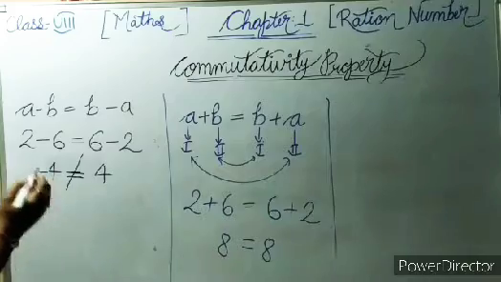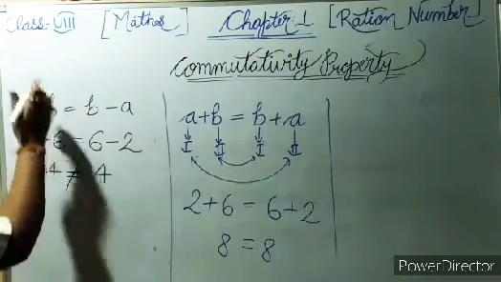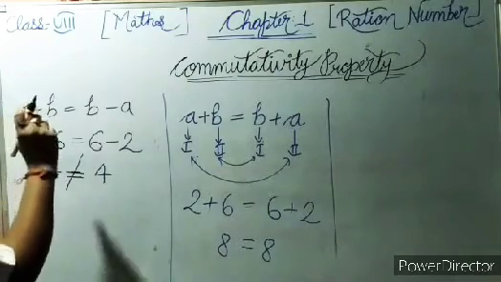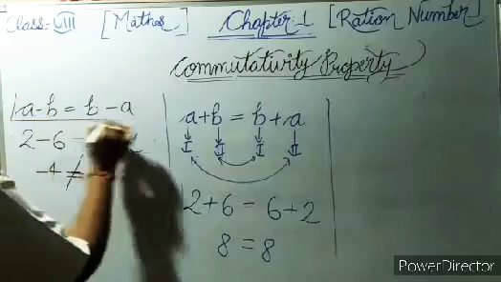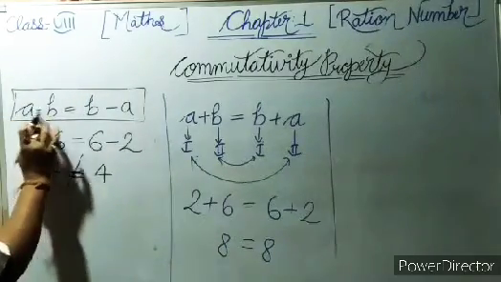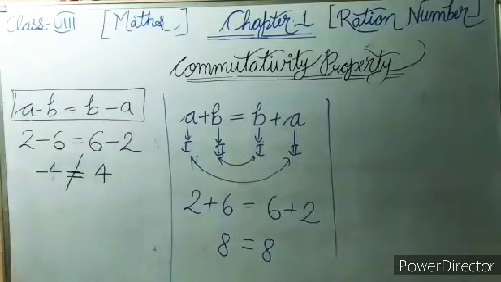That is why we say subtraction does not follow the commutative property. If we change the order of both numbers, we will not get the same number.